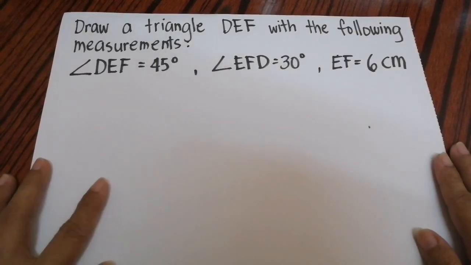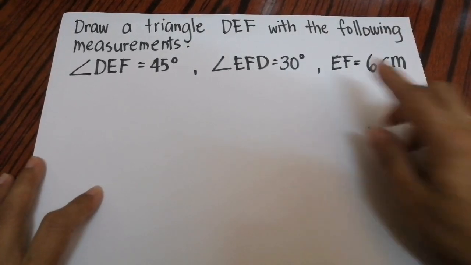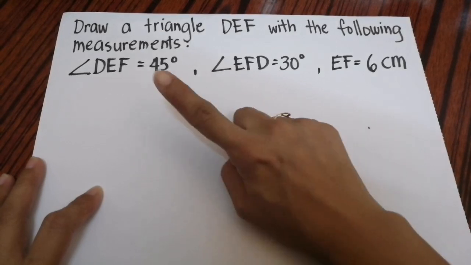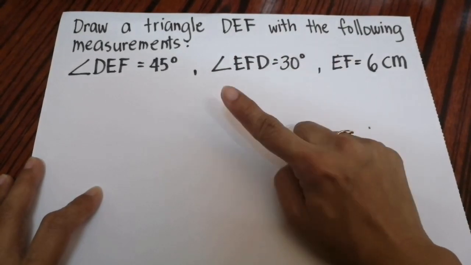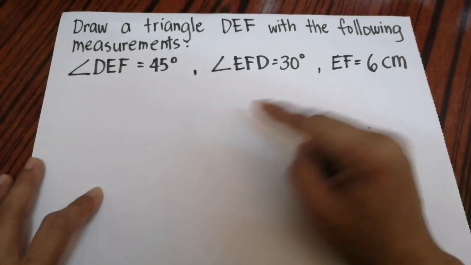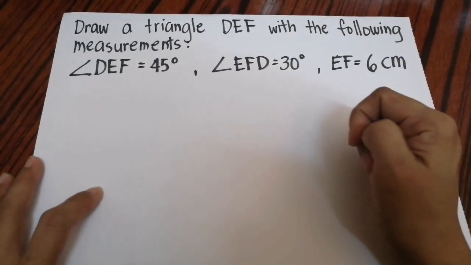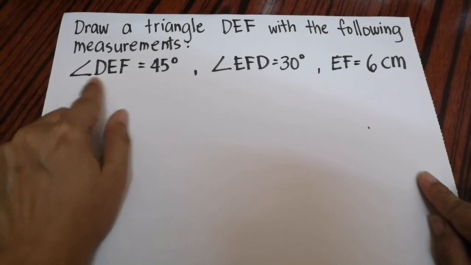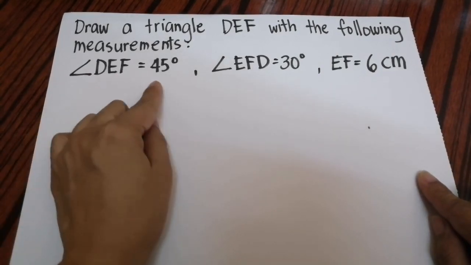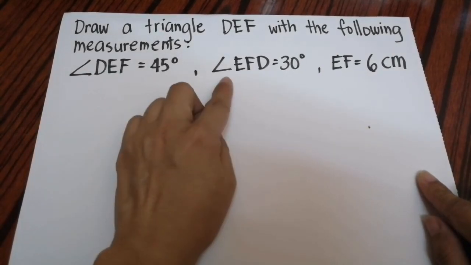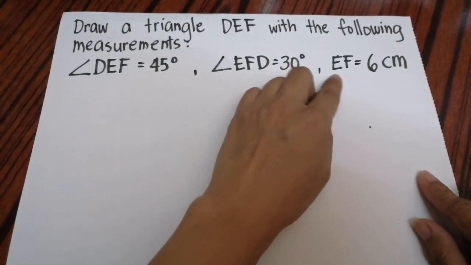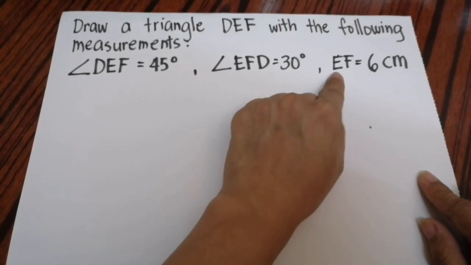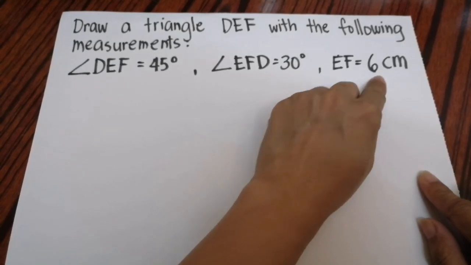We have here an example of a given which says: draw a triangle DEF with the following measurements. The triangle that we are going to draw should have angle DEF with a 45 degree angle, angle EFD with a 30 degree angle, and line EF with a length of 6 centimeters.